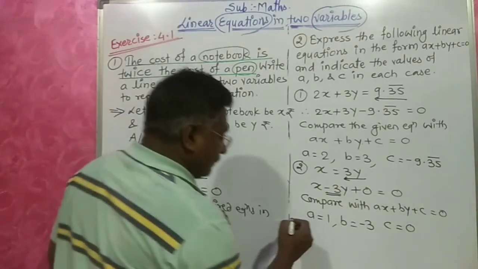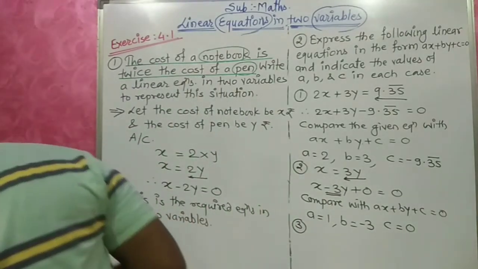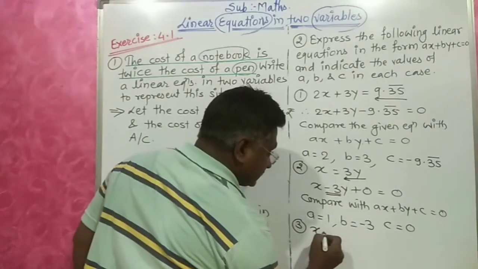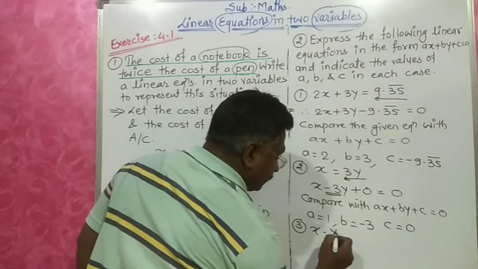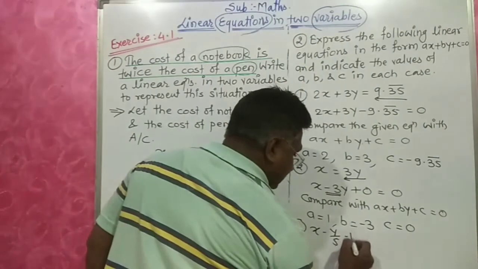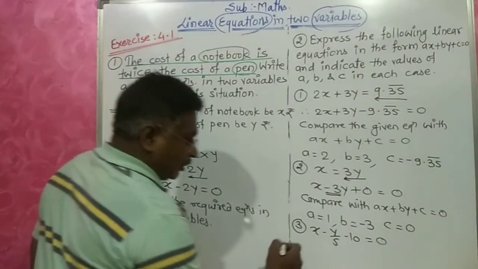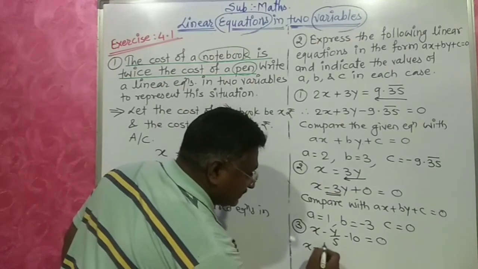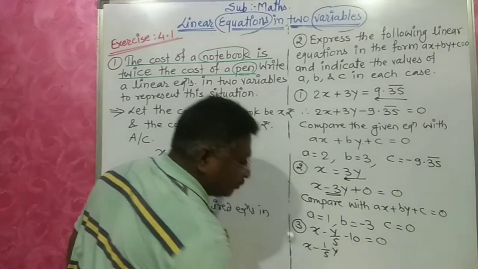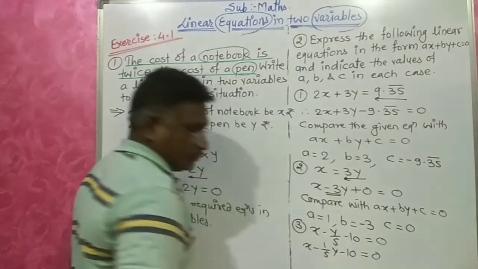So again one example. X minus y by 5 minus 10 equals 0. Like this is given. So how to write? X minus 1 by 5 into y minus 10 equals 0.